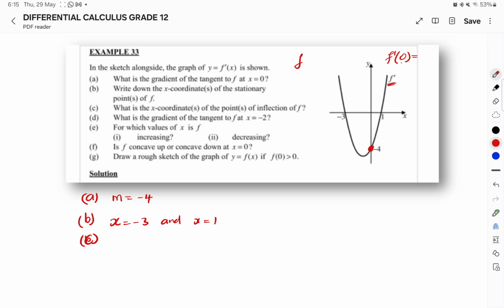If I have the x coordinates of my turning points, I can just get the midpoint. So this will be -3 plus 1 divided by 2, which is -2/2, which is -1. Therefore, x equals -1.